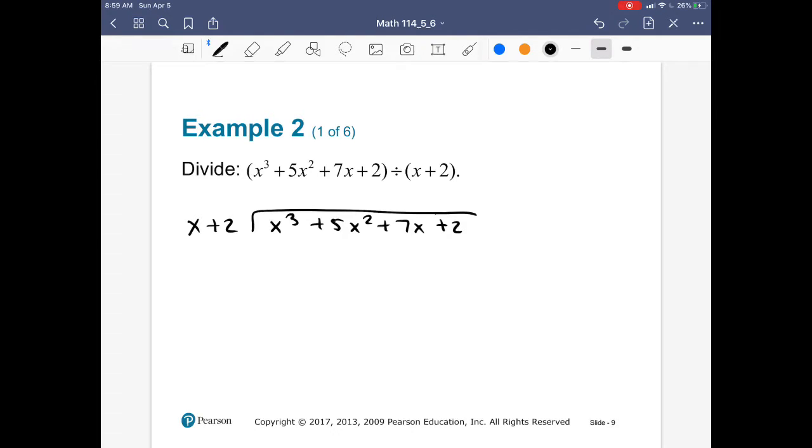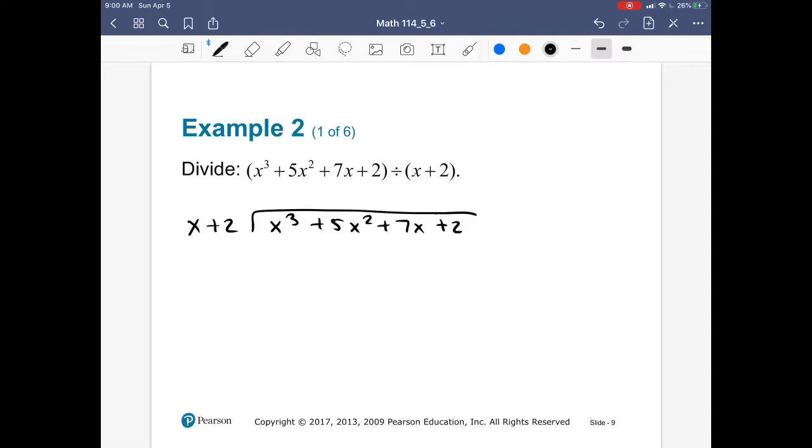First thing to do is make sure that we are in descending order without missing any of the terms. So this is x cubed. So if it's descending, the next one should be x squared. Then the next one should be x to the power of 1 and no variables. So this is okay.